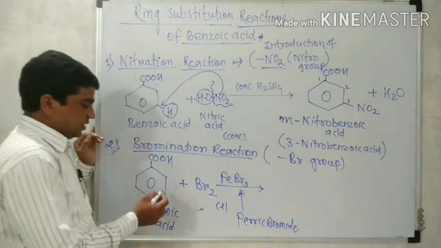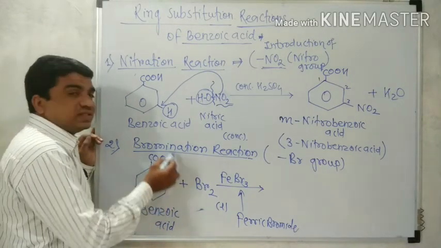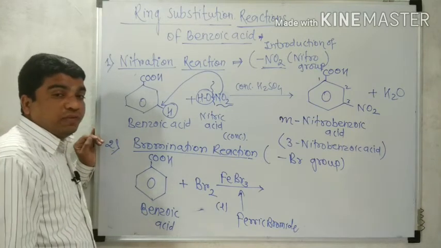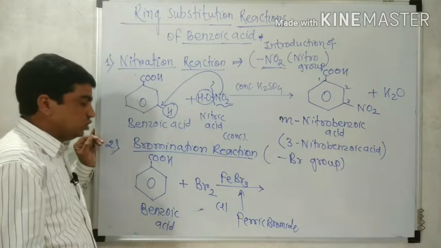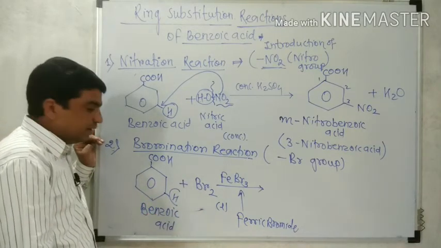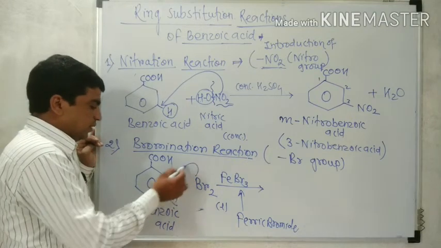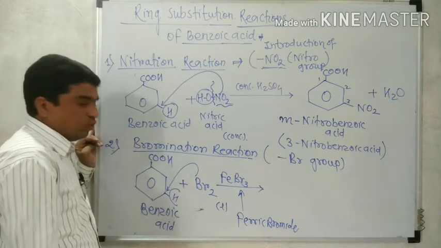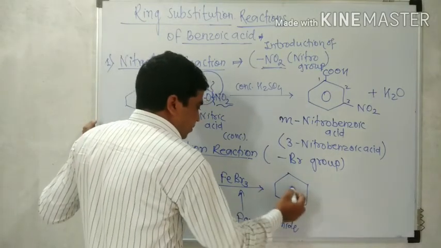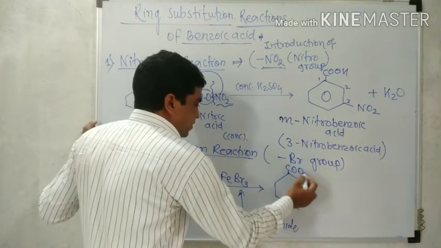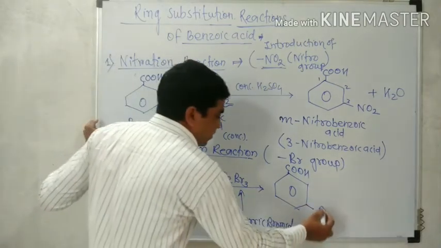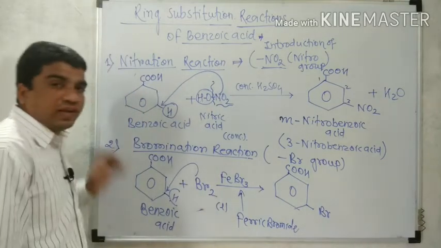So in this reaction, again COOH is a meta directing group. So the incoming group is always attached to the meta position. Therefore, this hydrogen atom of this meta carbon is replaced by one bromine atom. So therefore, we obtain here the remaining part the same, but in place of this hydrogen atom, one bromine atom is added in the structure of benzoic acid.